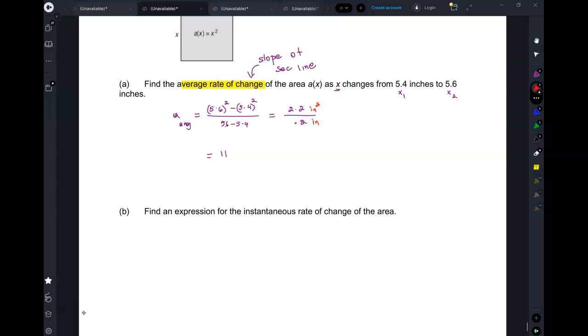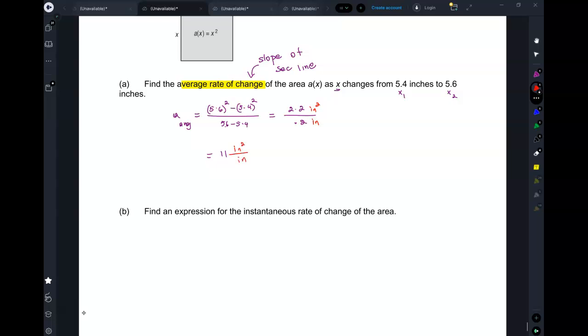Inches squared per inch. Okay? Because this is the rate of change of the area. So what we're saying is the area is changing at a rate of 11 square inches per inch. Okay? So it's inches squared per inch.